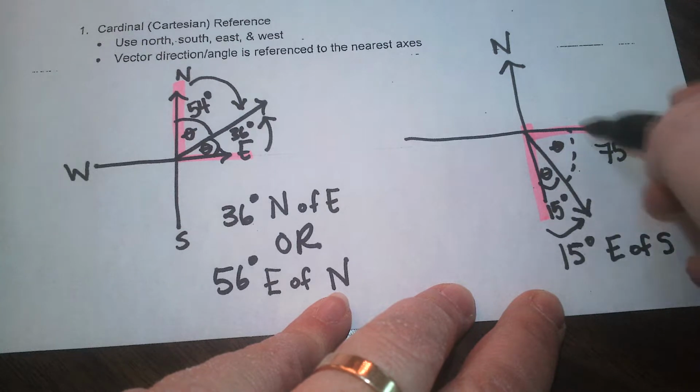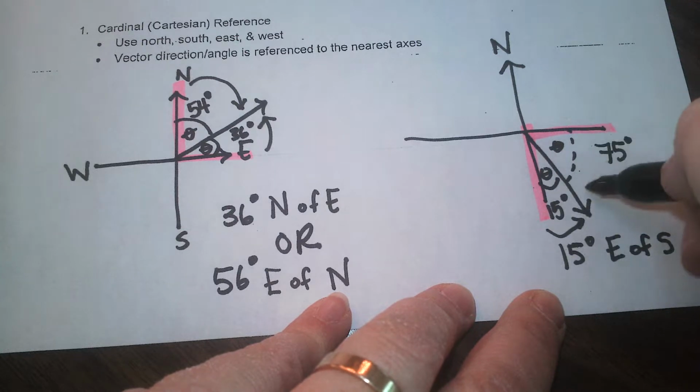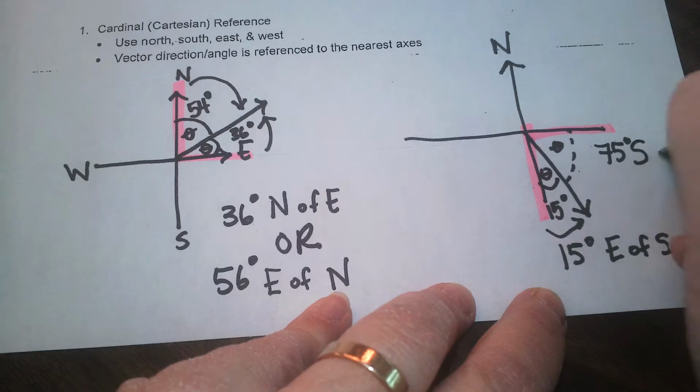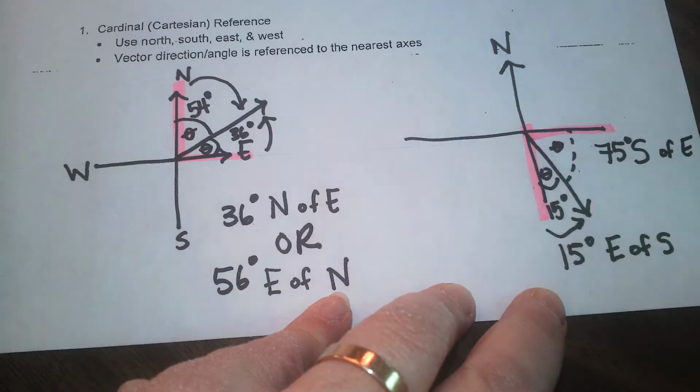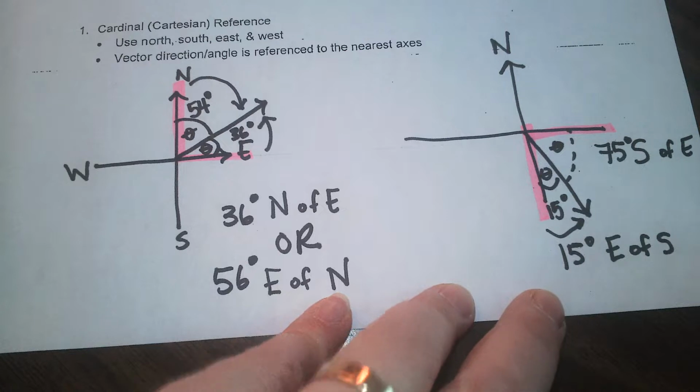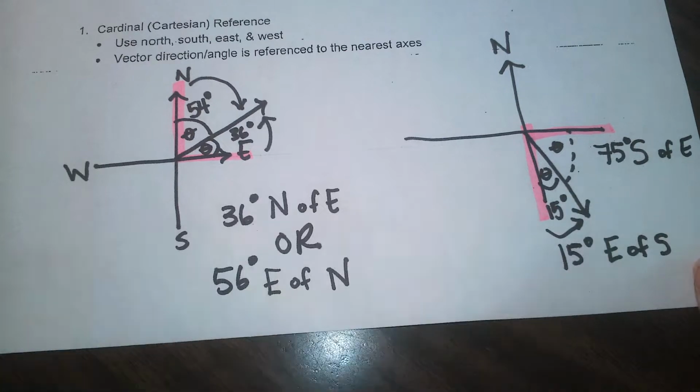What do I have to go? From east, I have to go south. South of east. When we go slow, it makes sense. But when you're on your own the first couple times, it's confusing, and that's okay.